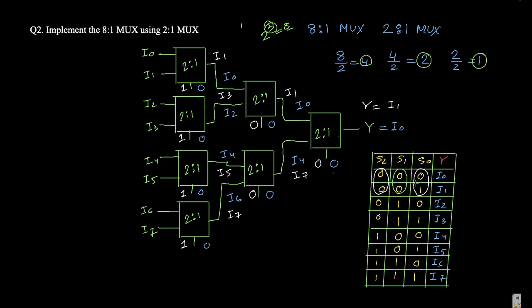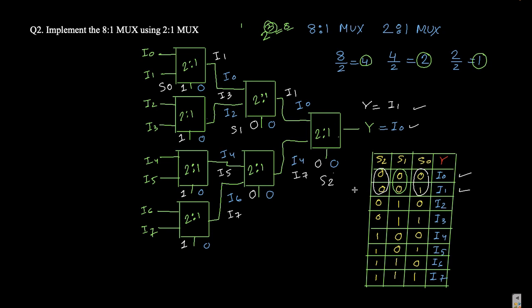It means for 0 1 0 1 0 1 we are getting I0 and I1. It is 0 1, and these two are 0 0. So if this becomes S0, then this is 0 1, no problem. If this is S1, then this becomes 0 0, no problem. And if this is S2, that becomes 0 0. That is, our goal is selected.